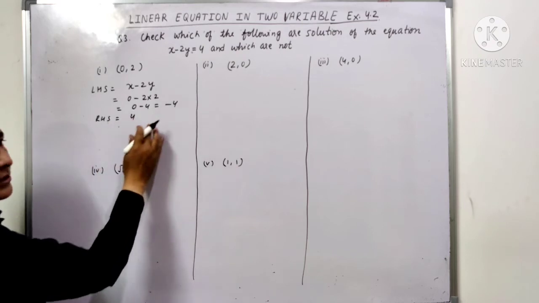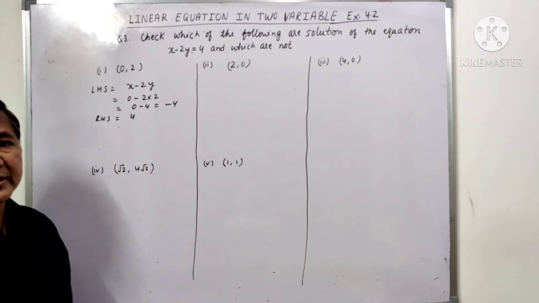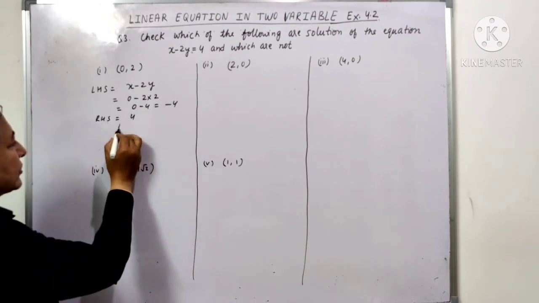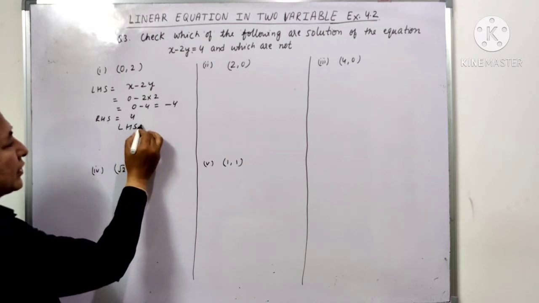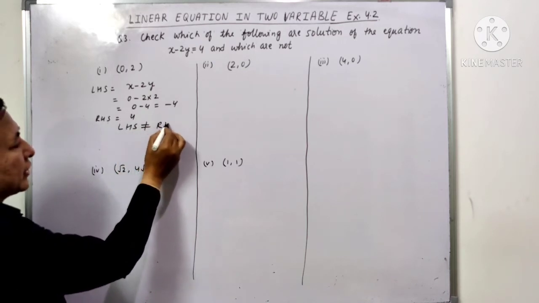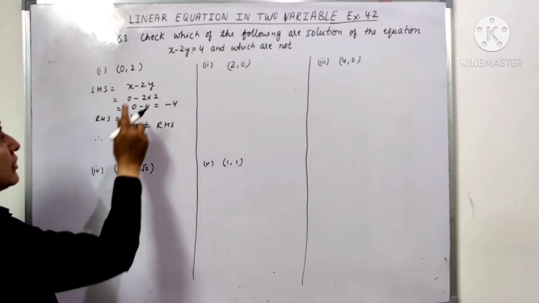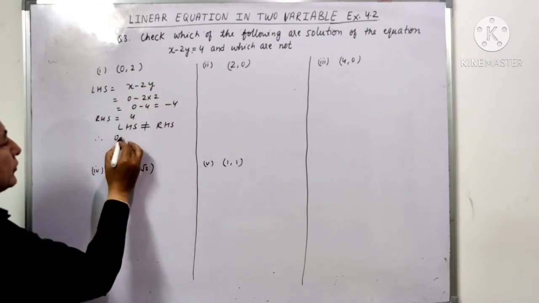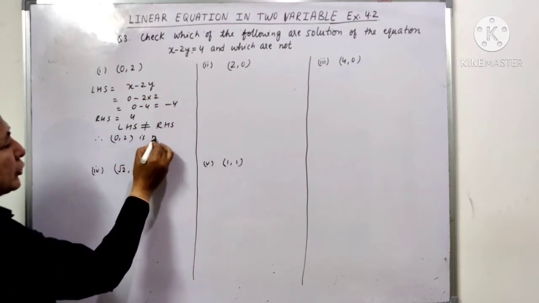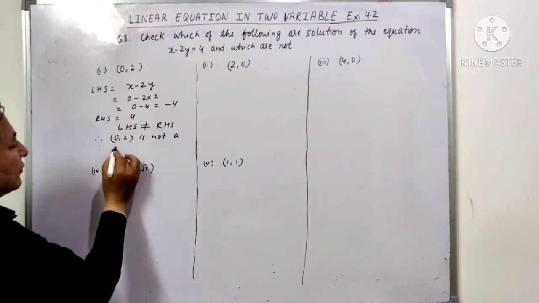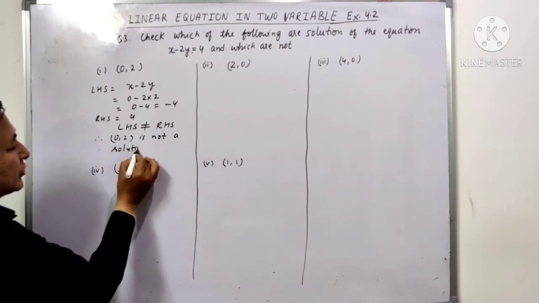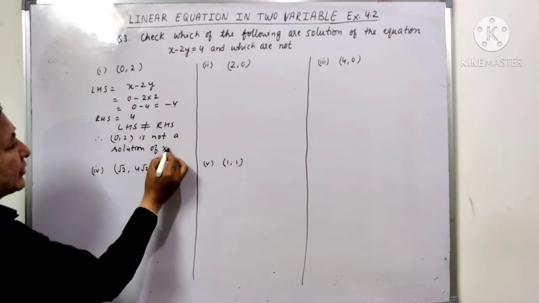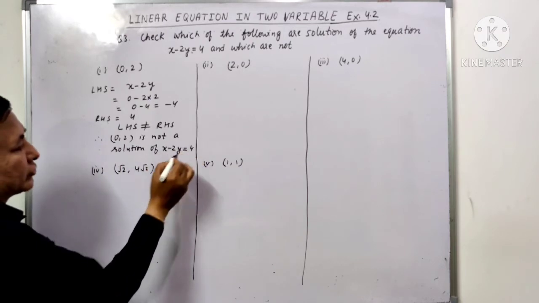So you can see here the LHS, that is left hand side, is not equal to the right hand side. So we'll write LHS is not equal to RHS. Therefore (0, 2) is not a solution of x minus 2y equals 4.